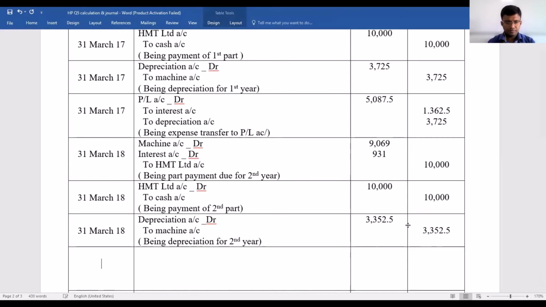Then 31st March 2018, we will have to transfer all the expenses to profit and loss account. So profit and loss account debited. Okay. Now, what are the expenses that we have to transfer? We will have to transfer interest account 931 and depreciation account 3,352.5.